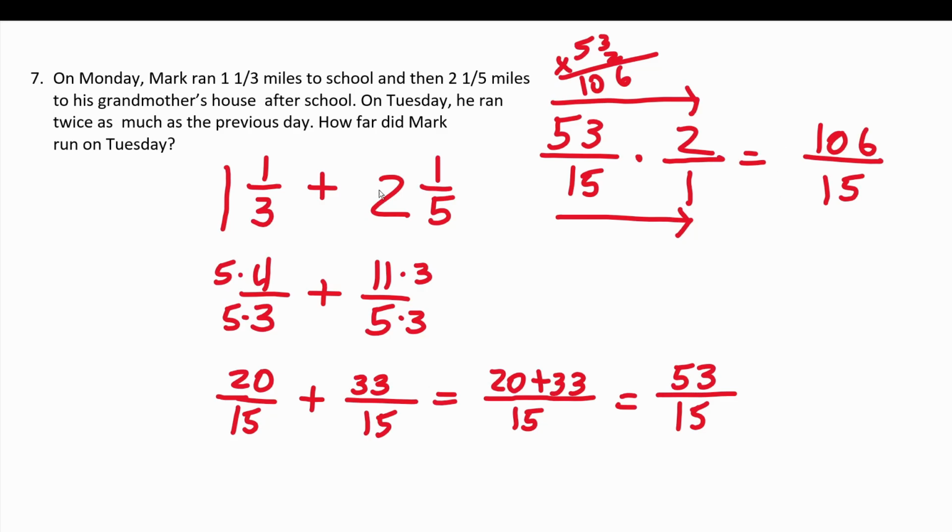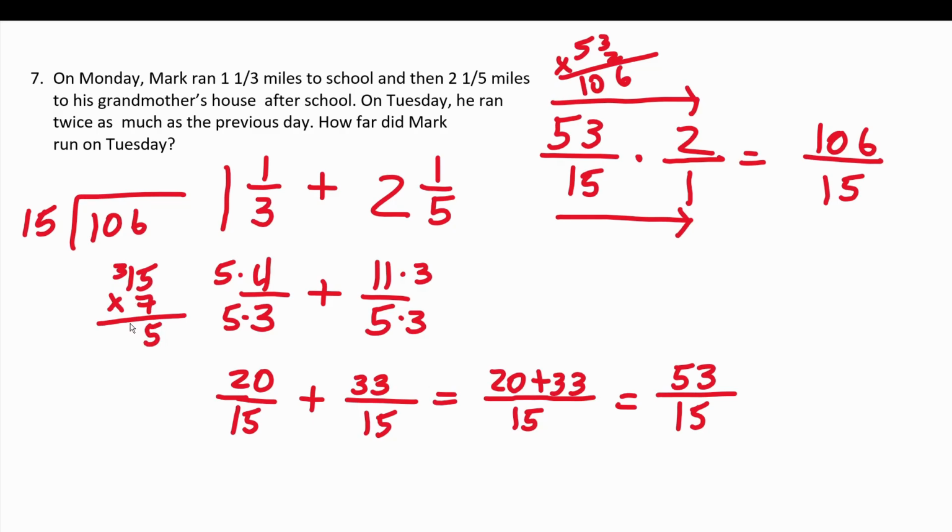Now that we've done that, we have to convert this improper fraction back to a mixed number. So this is going to be 106 divided by 15. 15 times 10 would be 150. So we know this isn't going to be 10. 15 times 6 would be 90. So I'm going to say 15 goes into 106 about 6 or 7 times. So let's go ahead and work that out. Let's start with 7. 5 times 7 is 35.